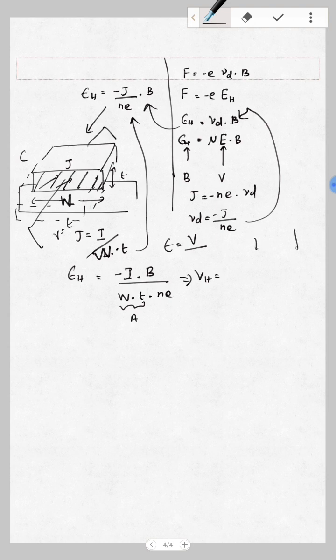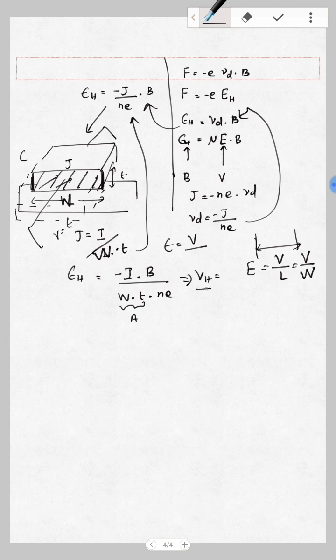If the potential difference between these two points is V and the distance between these two points is L, that will give me the electric field. So what is the distance between these two points? It is nothing but the width.